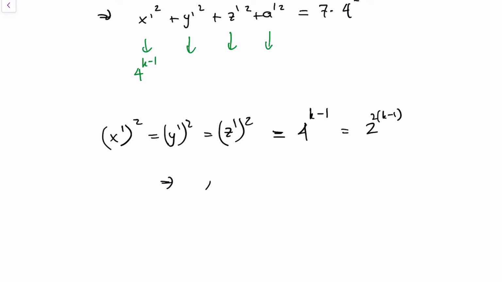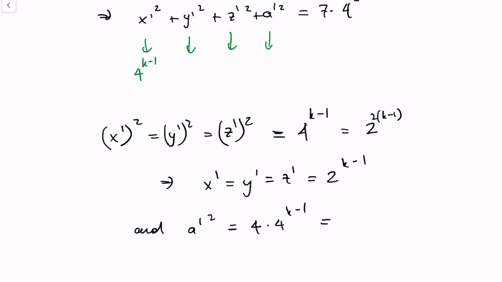So that implies x dashed is equal to y dashed is equal to z dashed, the square root of that, which is equal to 2 to the k minus 1. And we have a dashed squared is equal to 4 to the k minus 1, which implies a is the square root of that, so the square root of that will simply be 2 times 2 to the k minus 1.